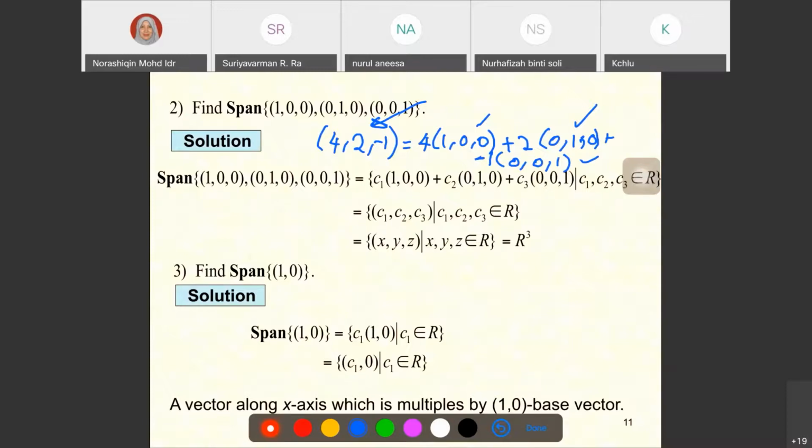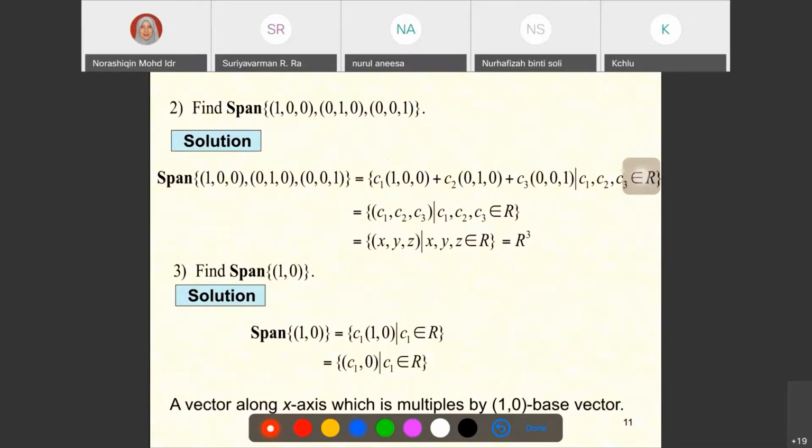It looks like all the x-axis, a vector along the x-axis. (1, 0), (2, 0), (3, 0), (4, 0), (negative 1, 0), and so on along all the x-axis. Okay? Can we go on? Yes, doctor.